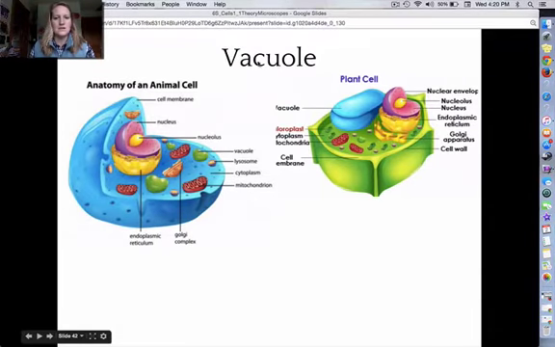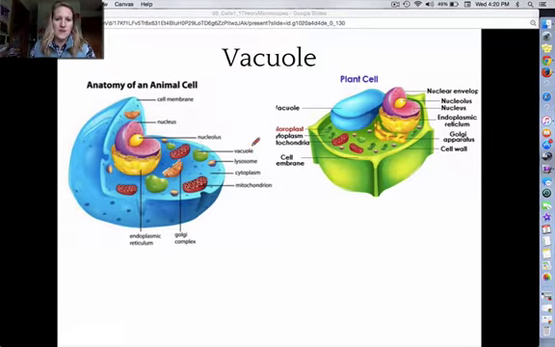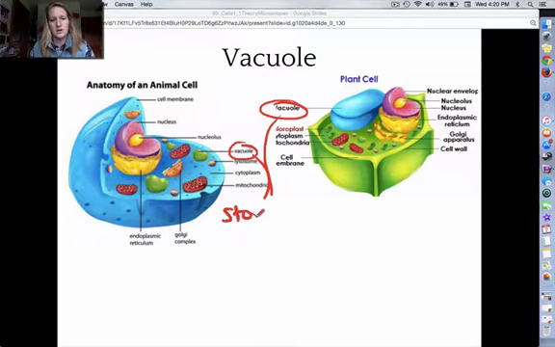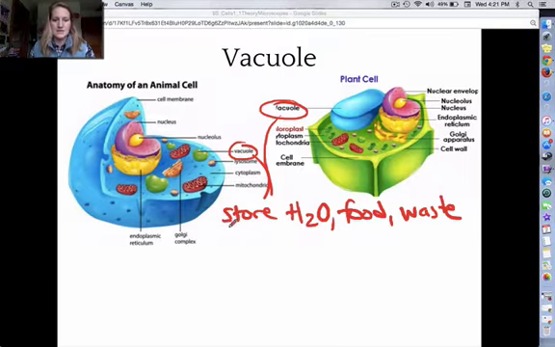Now, the vacuole is in both a plant and an animal, and one big difference is, here's a vacuole in the plant cell. It doesn't have to be that large. But then this is the animal cell. Sorry, in the plant cell, the vacuole is huge. Okay, it really takes up a lot of space. And so this vacuole and this vacuole store water, food, waste, and other materials.